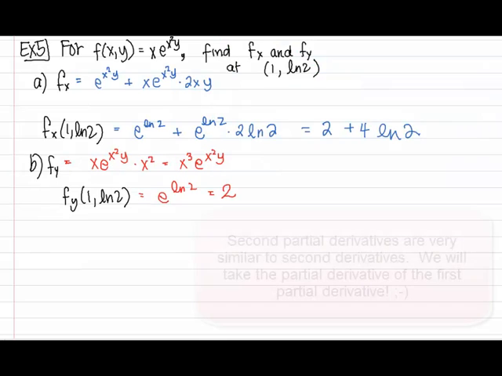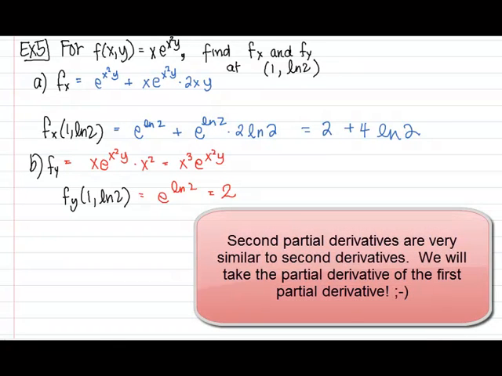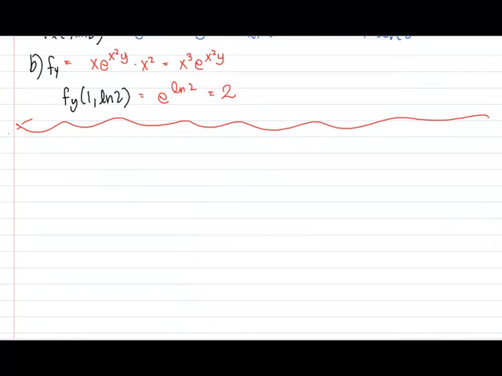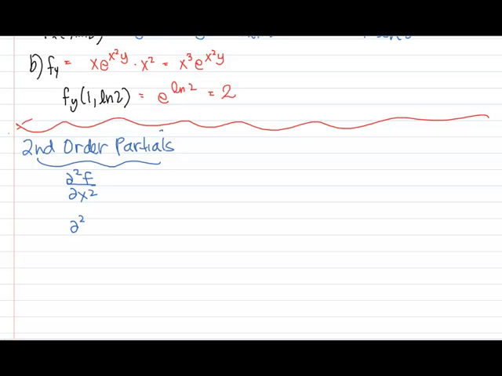So these are what are called first partial derivatives, and we also have second partial derivatives. The notation that you need to be familiar with for second order partials is this. It's going to be d squared f/dx squared and d squared f/dy squared.